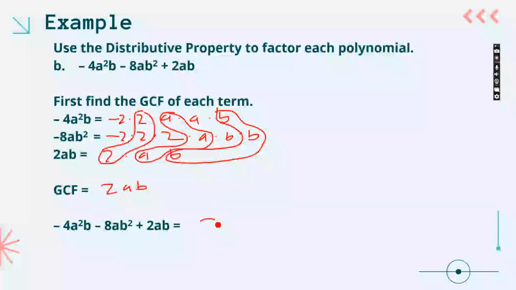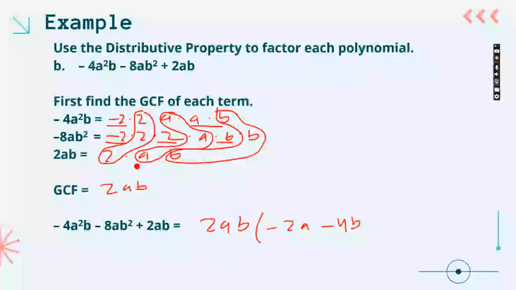So for example, 2ab will be outside because we're factoring it out. In our first term, -4a squared b, we have -2 and a still left over, so we'll write that in, -2a. Here in our second term, we have -2, +2, and b left over, so if we combine them, we get -4b.